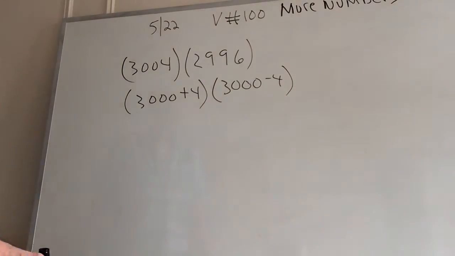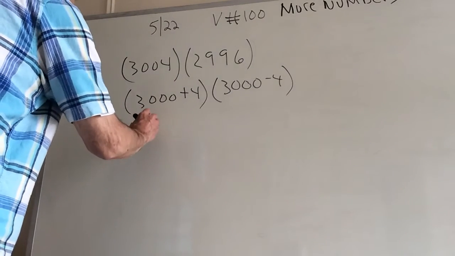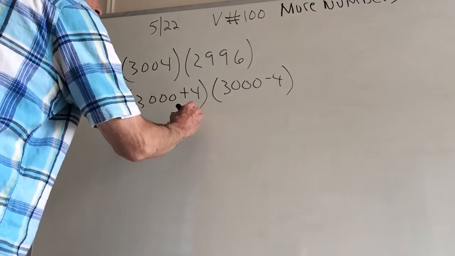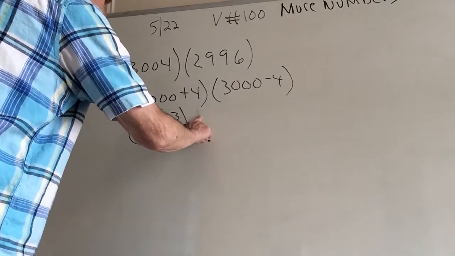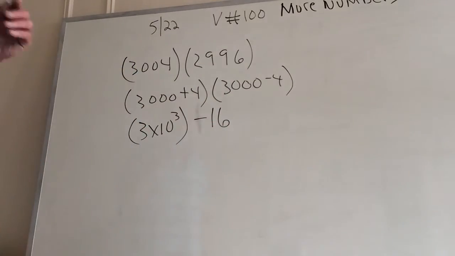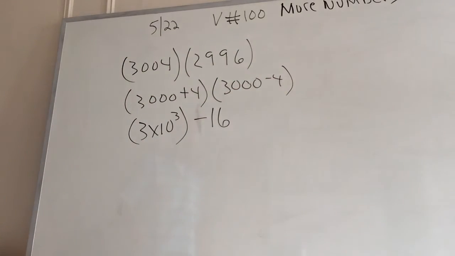minus 4. And then again, I use my skills from scientific notation. So that's 3 times 10 to the 3 squared minus 16. And there's your answer right away. Why is that the answer? Because again, since these are conjugates and all the numbers are the same, the middle terms cancel.